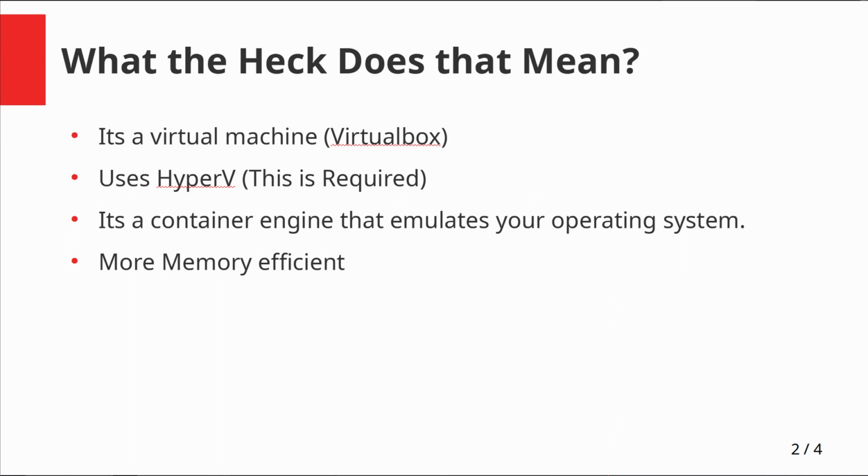Well, the easiest way to understand what Docker is, it's a virtual machine, like you would say VirtualBox, or really any other virtual machine application like Hyper-V or something like that. But the big difference is instead you have this thing called a container engine, and that container engine just emulates the operating system that you're running all of these applications off.